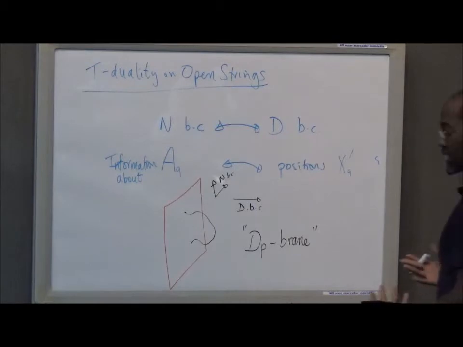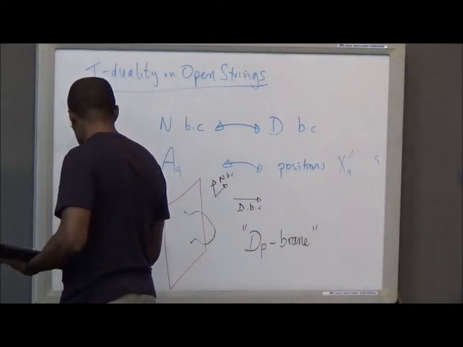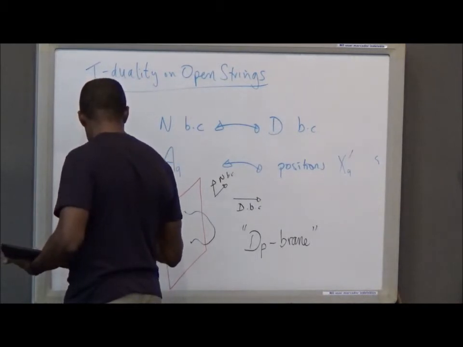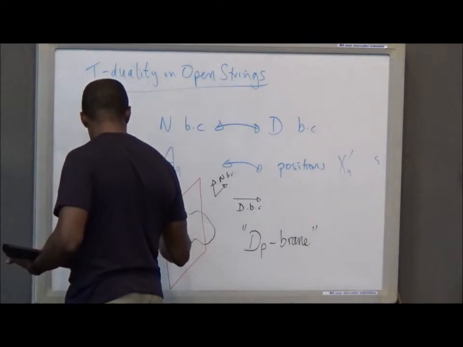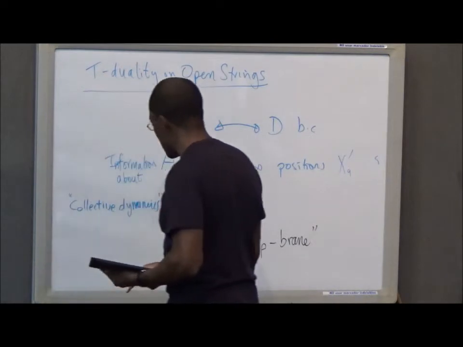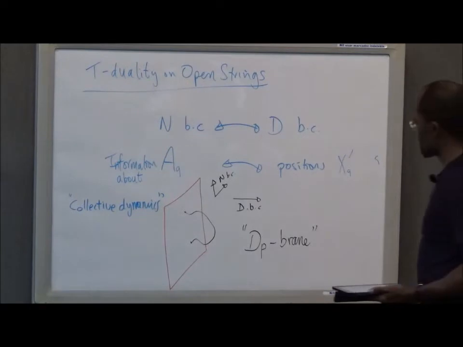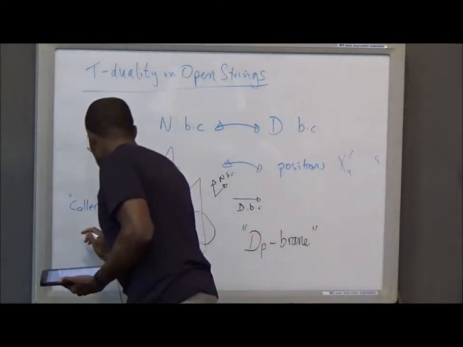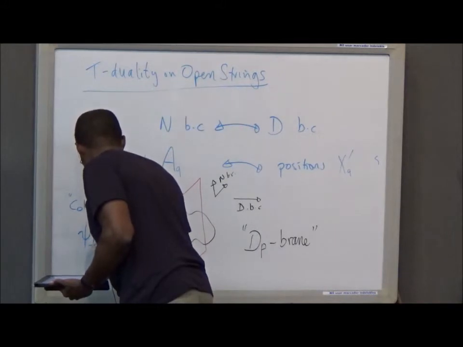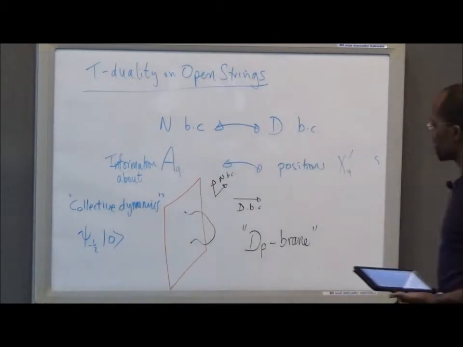Which in the old soliton language you would call the collective dynamics, the massless modes describing the fluctuations about the default position. And as I said, those come from simply looking at our friend, the photon, in a different way.